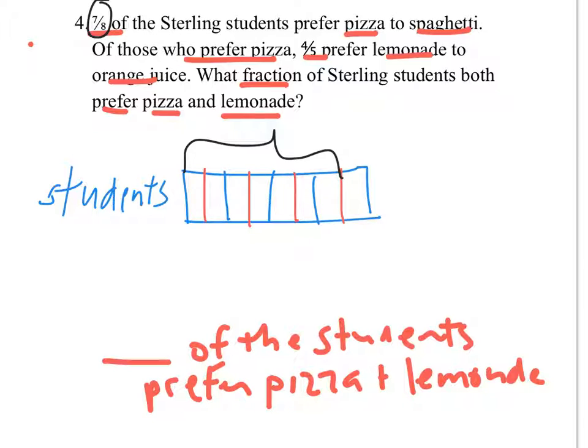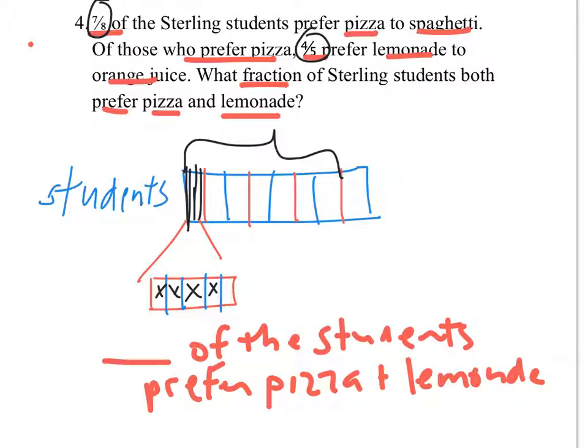Now we're going to take each of these eighths and cut them up into 5 parts. Not so easy to do, right? 1, 2, 3, 4, 5. And of those, so let's expand it out. So here's one of our eighths, and in that eighth, we're going to take 4 out of 5.